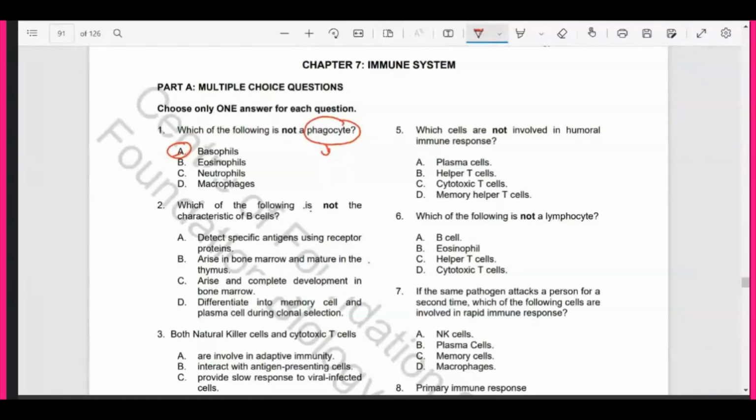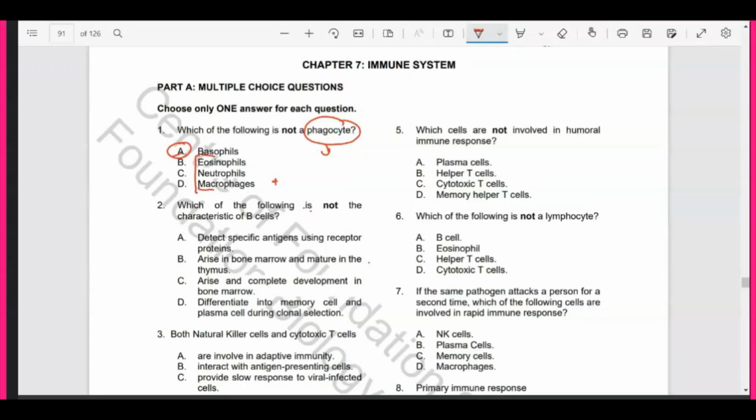So we have here eosinophil, neutrophil and macrophage, and then you have another type of phagocyte. Apa dia? Kita ada 4 sebenarnya. What is the other one? Dendritic cells.